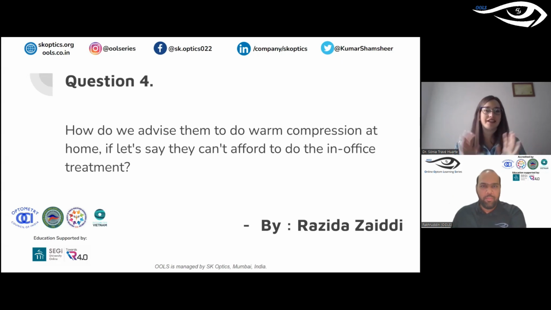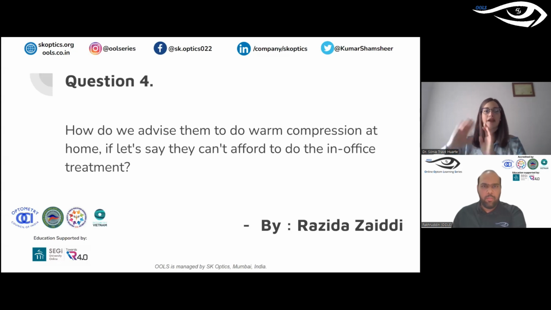Environment is key. If you work in an environment that is polluted, that has a lot of dust, that has no humidity, that will affect the surface of the eye, the ocular surface, and possibly the Meibomian glands. The idea is, first of all, to change the environment as much as we can, either by using humidifiers or taking more breaks from digital devices, doing things that the patient can do.